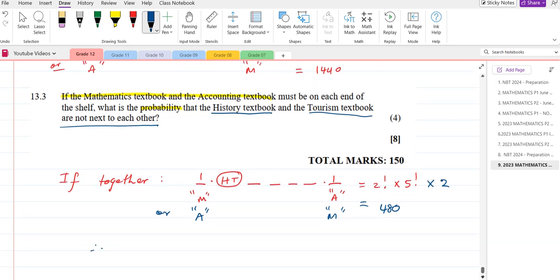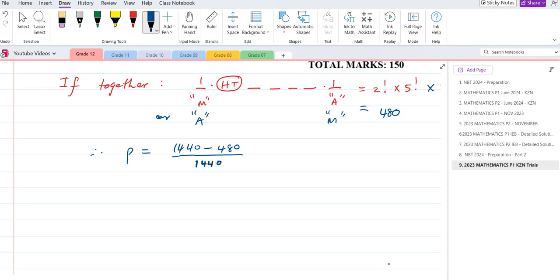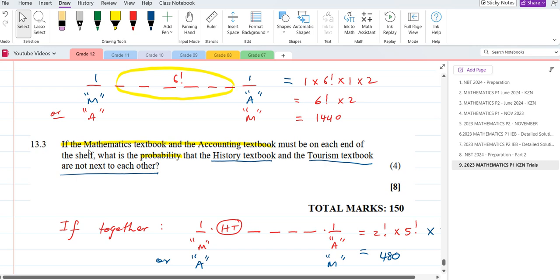Therefore, the probability that they are not together is equal to 1440 minus 480 divided by 1440. Right? Why 1440? Because we have this condition given.